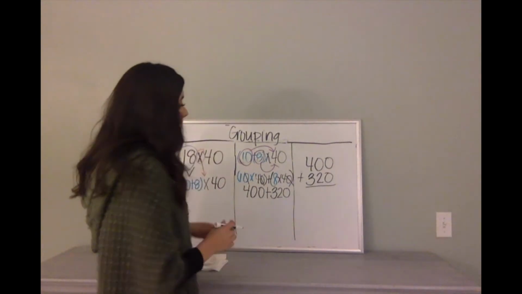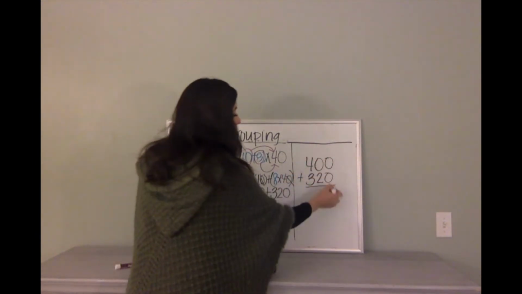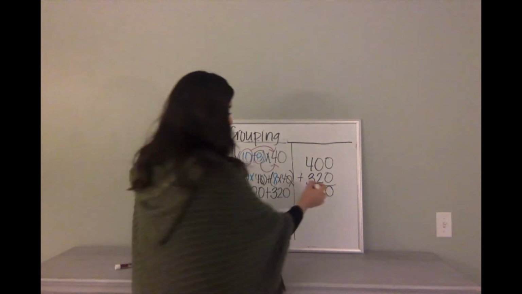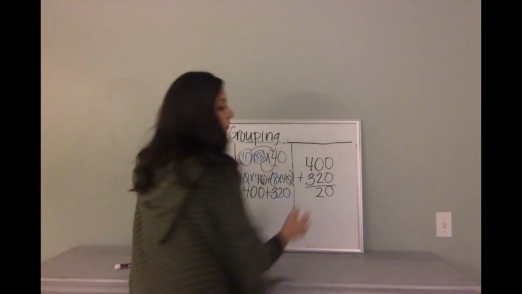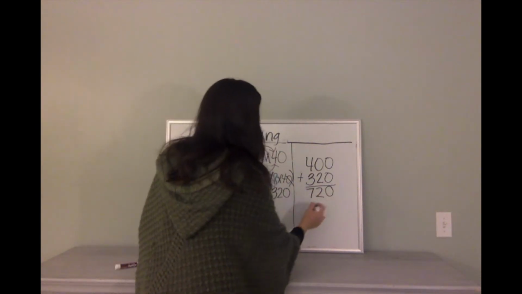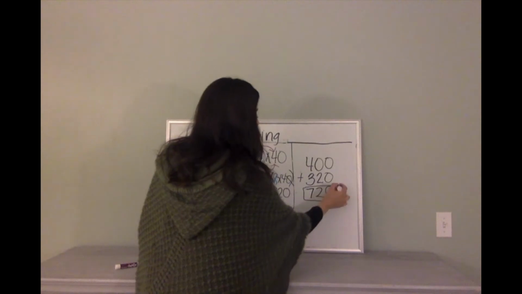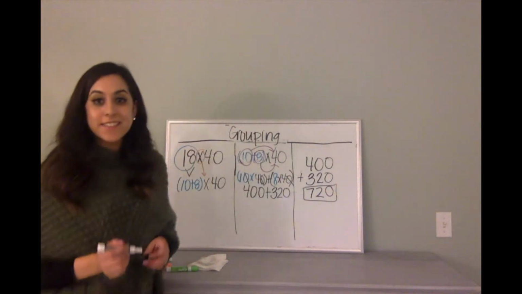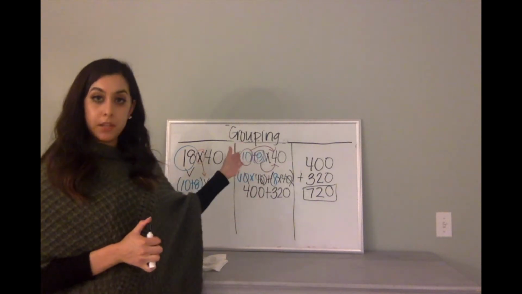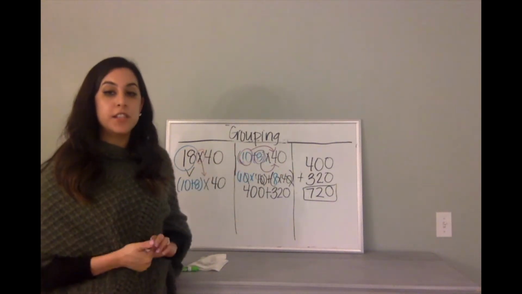Okay? And so we're going to do 0 plus 0 is 0. 0 plus 2 equals 2, and 4 plus 3 equals 7. So our answer is 720. That is the second strategy, grouping, to multiply two-digit numbers.